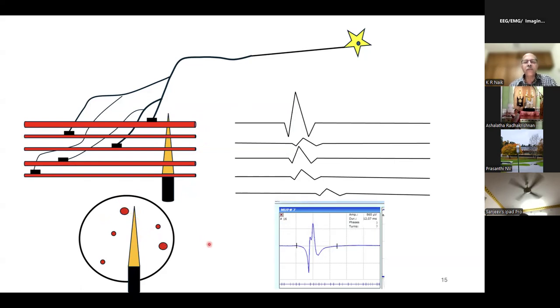Whichever muscle fiber is further away will be producing a smaller potential, and depending on the length of the axon and the diameter of the muscle fiber, some of the single muscle fiber potentials will be reaching the needle earlier, and you combine them together, you get a motor unit potential like this. Or it can be a single fiber potential like a single end plate spike or fibrillation potential.